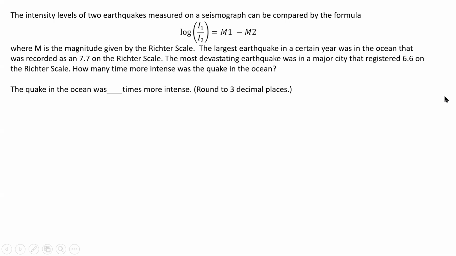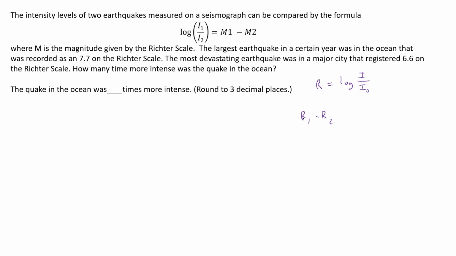All right, so good thing I didn't leave it as it was before, because what the question was given to you originally, you just had R equals log of I over I naught. Then you were supposed to use the rules of logs. Then we had two earthquakes, so we would have labeled one R1 minus R2.